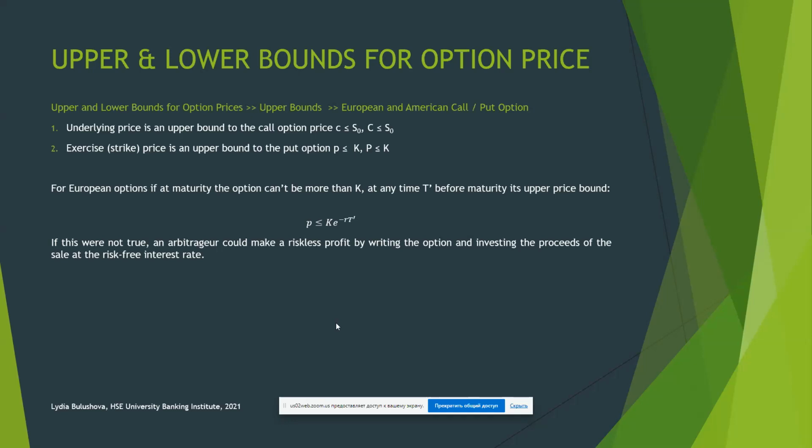So if I have an opportunity to sell something for K units of money, I won't pay for a contract that gives me such opportunity more than K units of money. And that is why the upper bound of the put option is its strike, and the upper bound to the call option is the underlying price.